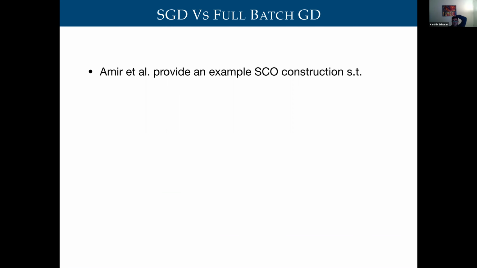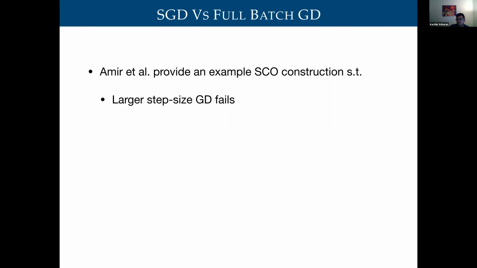So the method is based on the Amir et al. 2021 paper's stochastic convex optimization construction, and one more construction that we combined with theirs. What their paper basically shows is a problem where gradient descent does work, except that it has to run for longer with a smaller step size.